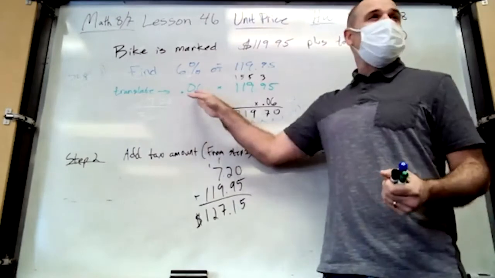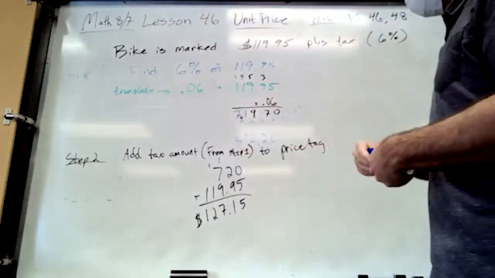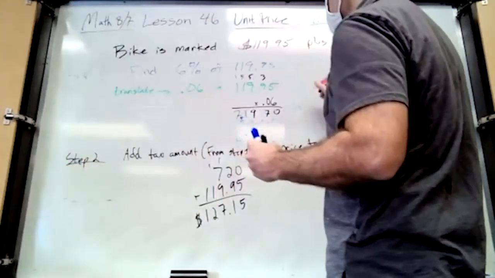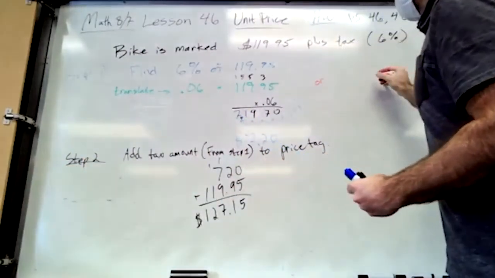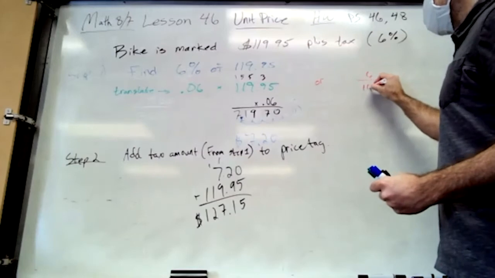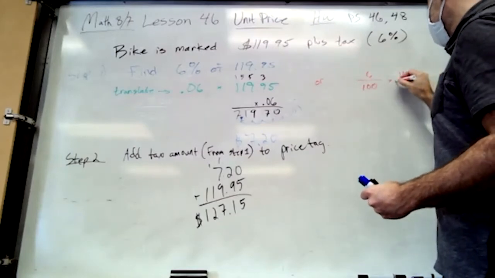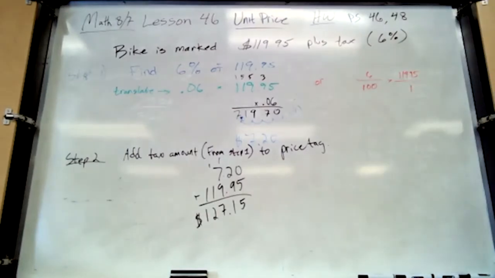So you could have done it with a fraction. You could have said 6 over 100 times 119.95. That's the same as 6% of 119.95.